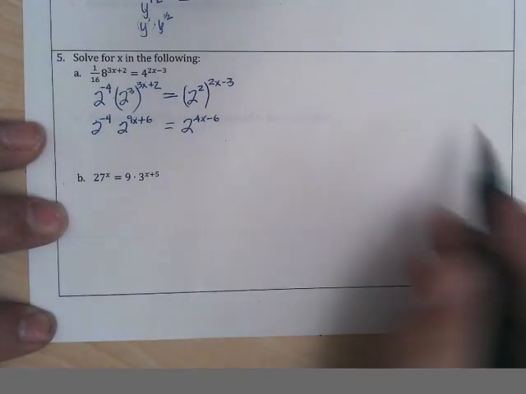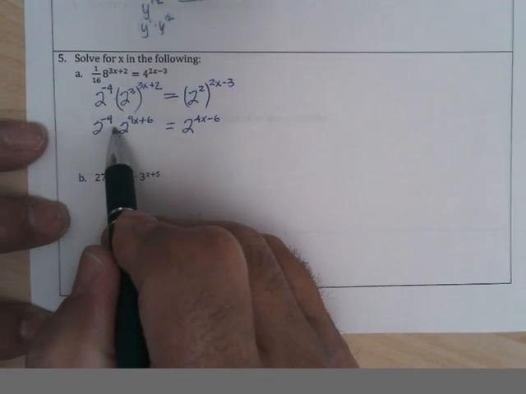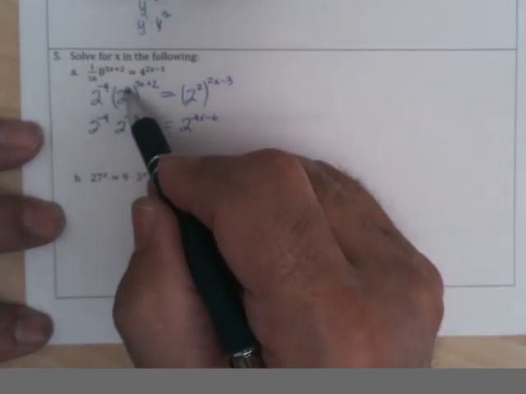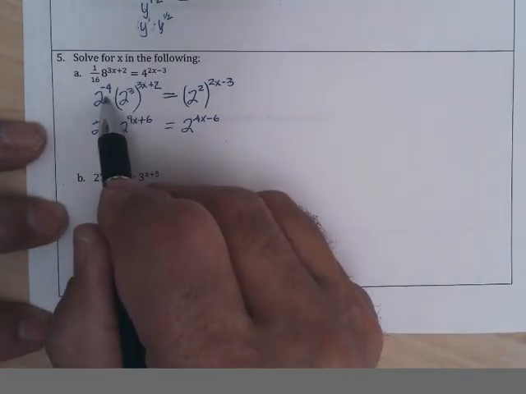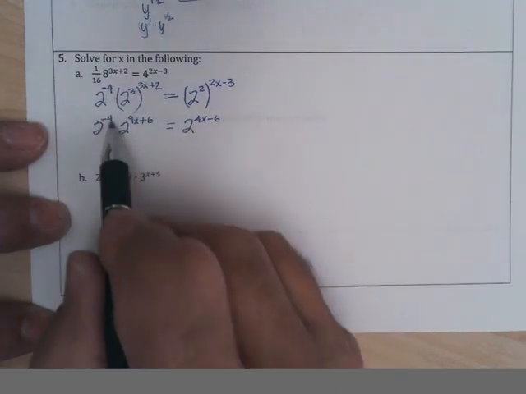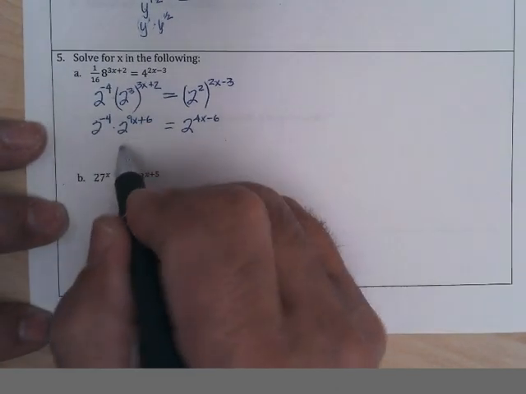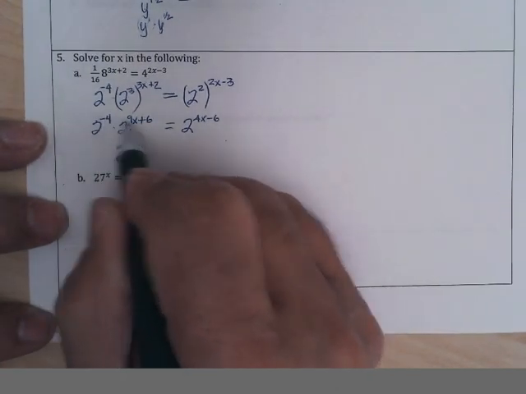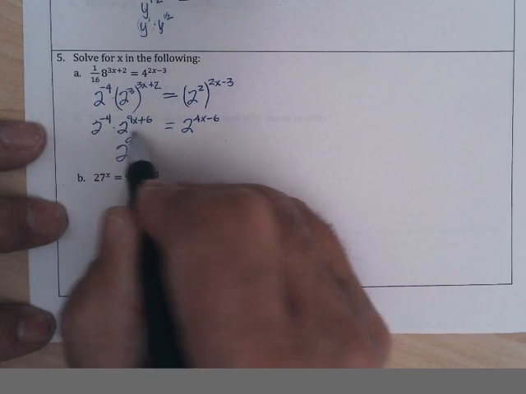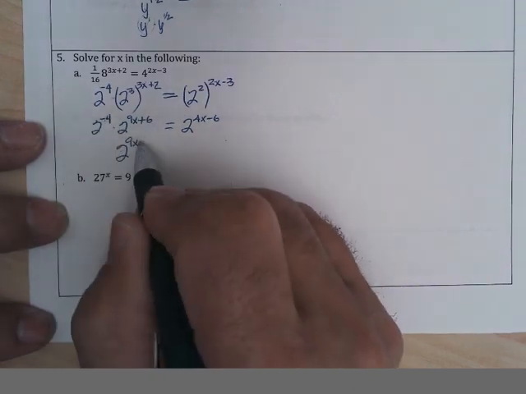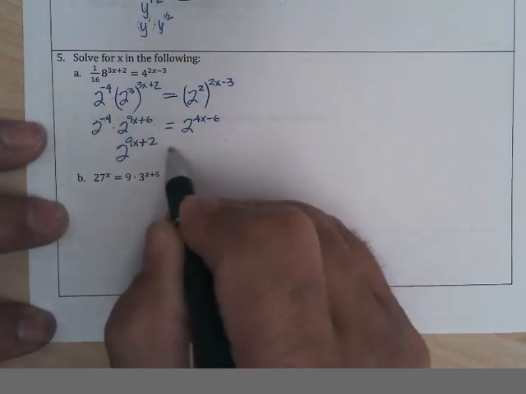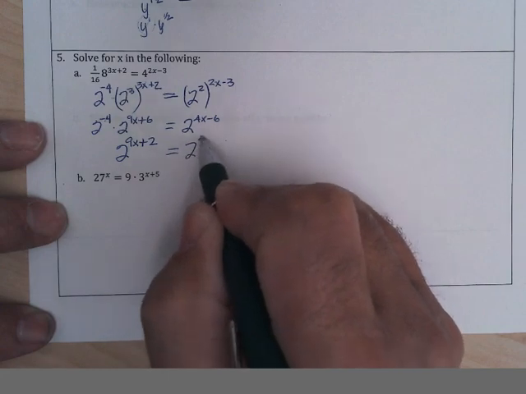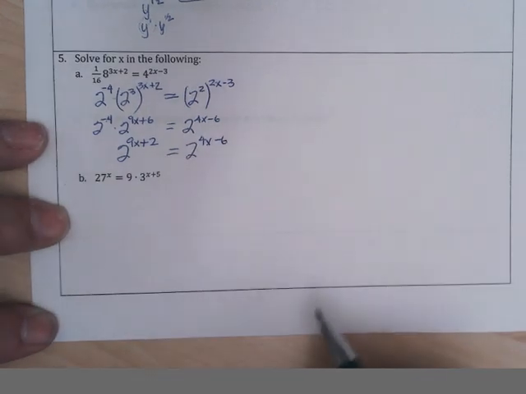Okay? Now, when you're multiplying, you add the powers. Power to power, you multiply, but when you're multiplying, you add powers. Some people tried to multiply here. It's add the powers. So we get 2 to the 9x plus 6 minus 4 is 9x plus 2 equals 2 to the 4x minus 6.